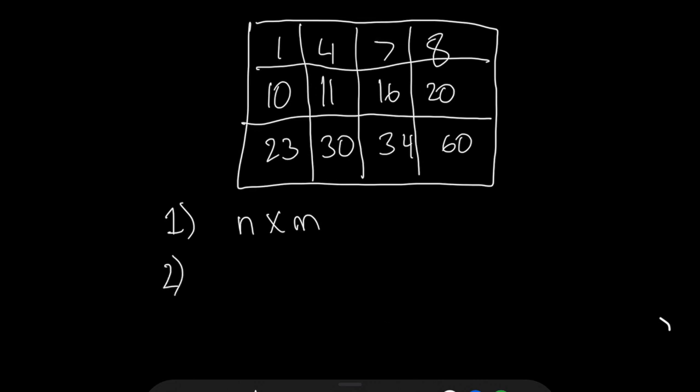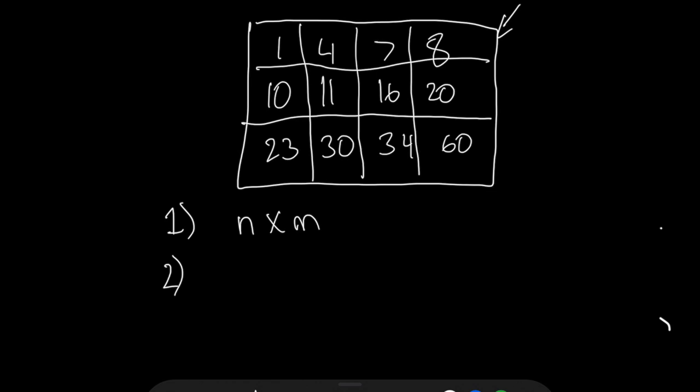Second solution is you can actually use the fact that the array is sorted, and the way you can do that is if you start off at 8, you will notice that all the elements to the left of 8 in that first column are smaller than 8.